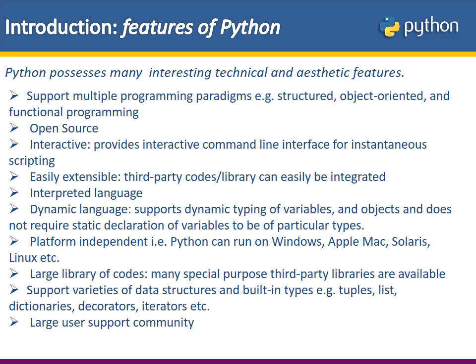It supports a variety of data structures and built-in types, like tuples, lists, dictionaries, decorators, iterators, that we have discussed and treated in 201 under Introduction to Python programming language. And it has large user support.